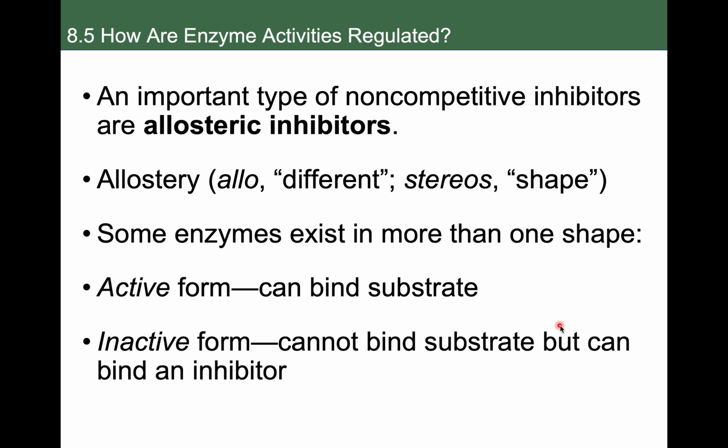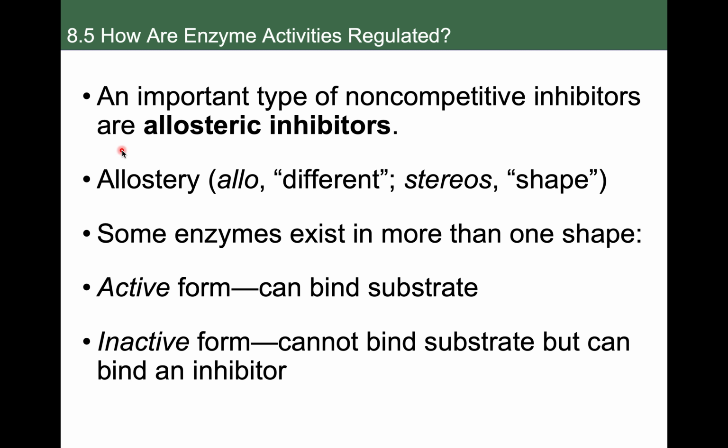And one of the main classes of inhibitors I wanted to talk about are allosteric inhibitors. The reason I wanted to emphasize these is because we're going to see some key examples of allosteric inhibitors working in some of the upcoming chapters. So when we talk about cellular respiration in the next chapter, some of the key enzymes in glycolysis and in the citric acid cycle are regulated allosterically.